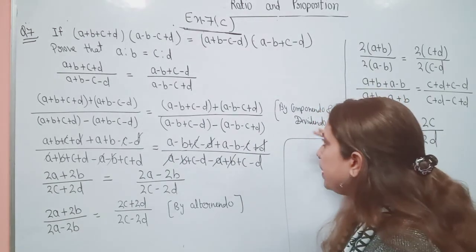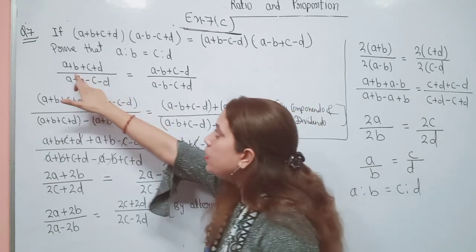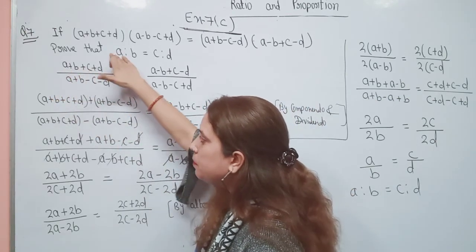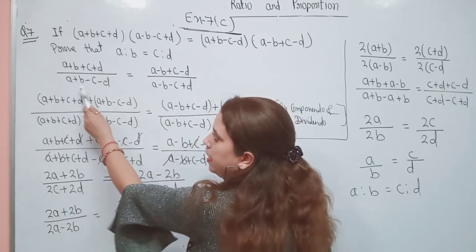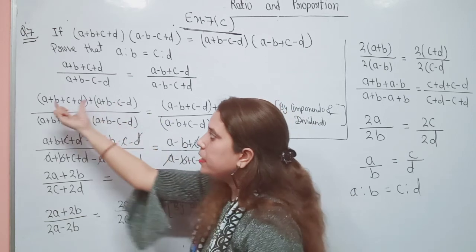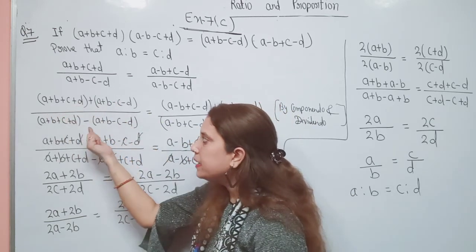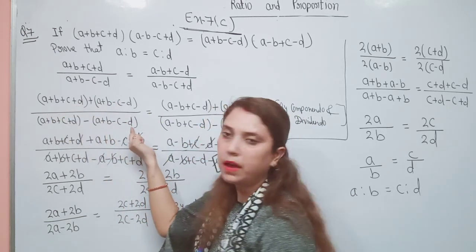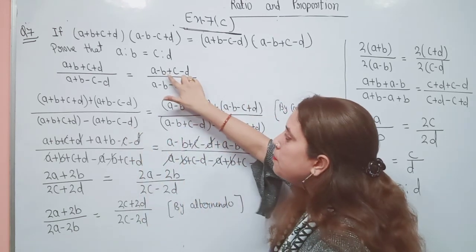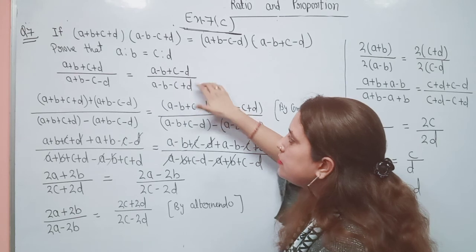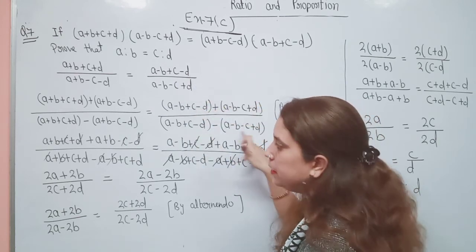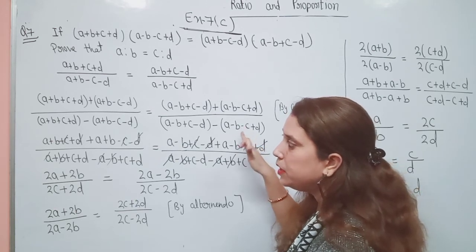It will be a plus b plus c plus d plus a plus b minus c minus d upon a plus b plus c plus d minus a plus b minus c minus d. Same as it is in the right hand side, a minus b plus c minus d, it will be plus, and in the denominator it will be minus. Okay, this is the componendo and dividendo.